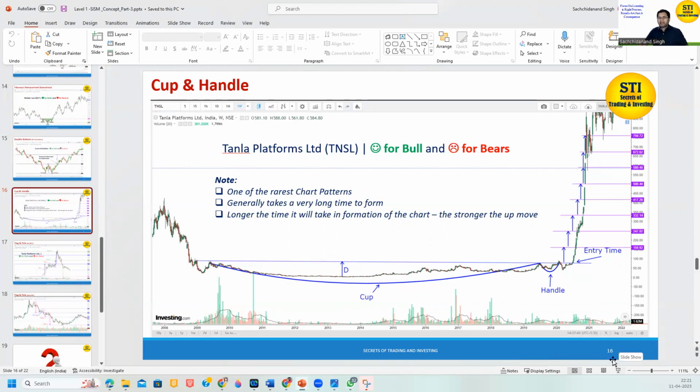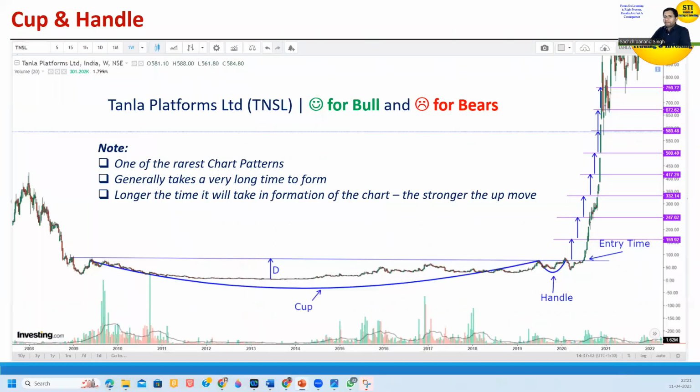It is one of the simple ones, but I can say a rare scenario to occur. A few more things: whenever it is occurring, the longer the time duration of the occurrence, the greater the possibility of a strong movement in the upside direction.